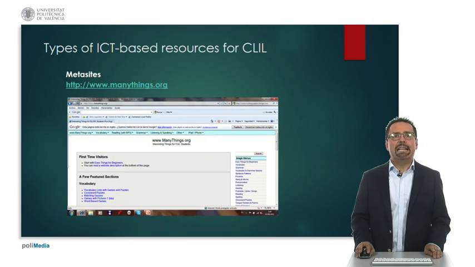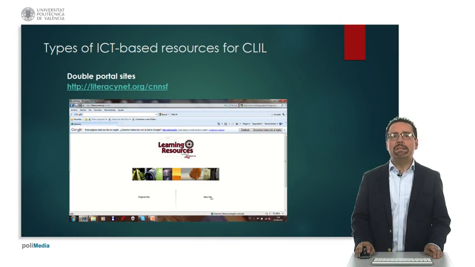We have also meta-sites, sites that connect to many other websites in an organized way. Next we have double portal sites, that have two different parts, sections. Depending on the purposes or the objectives, you go to one or the other.